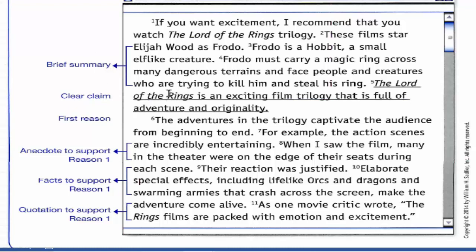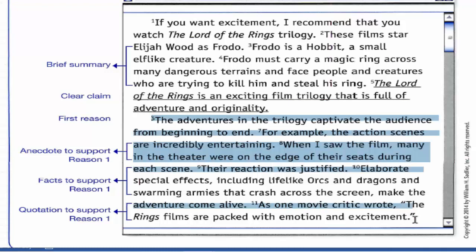It has your opinion, and it has two reasons: adventure and originality. Body 1 will be only about the adventures. This is body number 1, talking about the first reason only. And this reason is being supported by three types of details: anecdote, fact, and quotation.